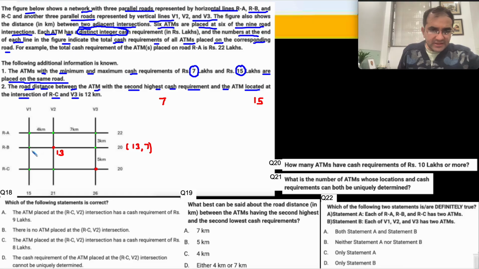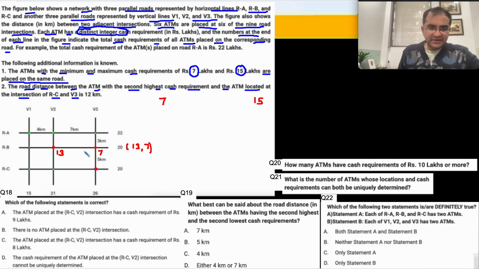If I put 7 over here, that means on this line 15 तो अब आएगा नहीं. If I put 7 over here, then 7 के साथ 8 आ जाएगा, but 7 के साथ 8 नहीं चाहिए, 7 के साथ 15 चाहिए. So 7 cannot come over here. What if I put 7 over here? Then 7 के साथ साथ इस particular line में अब 15 आना पड़ेगा.